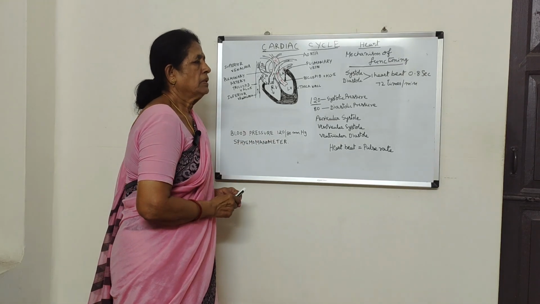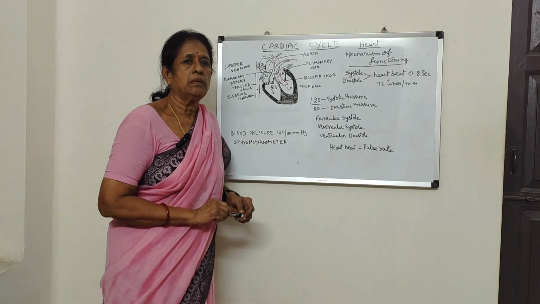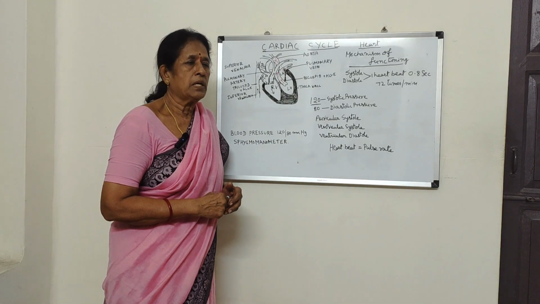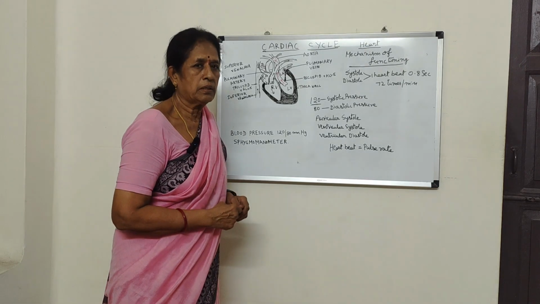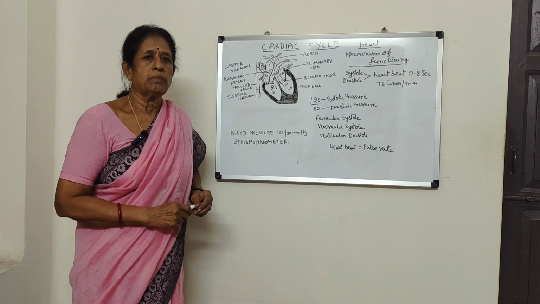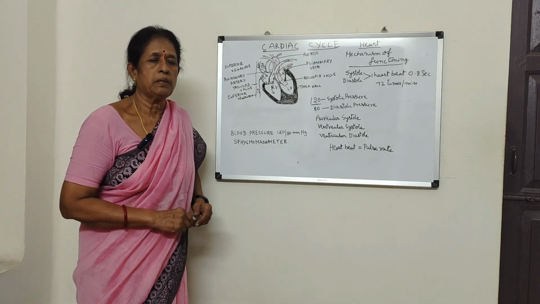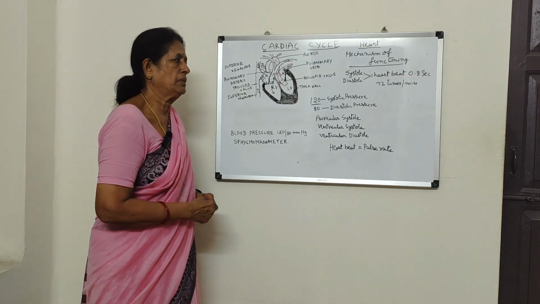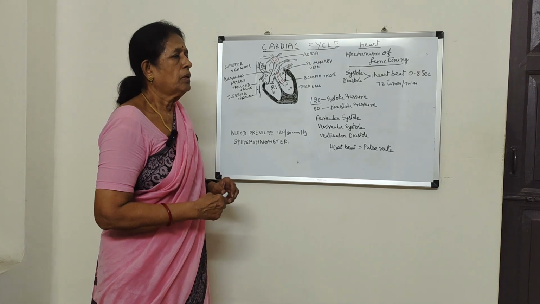So again, the heart is a muscular organ made up of cardiac muscles, and it is a pumping organ. It receives blood from all body parts and pumps blood to all body parts. How does it receive?